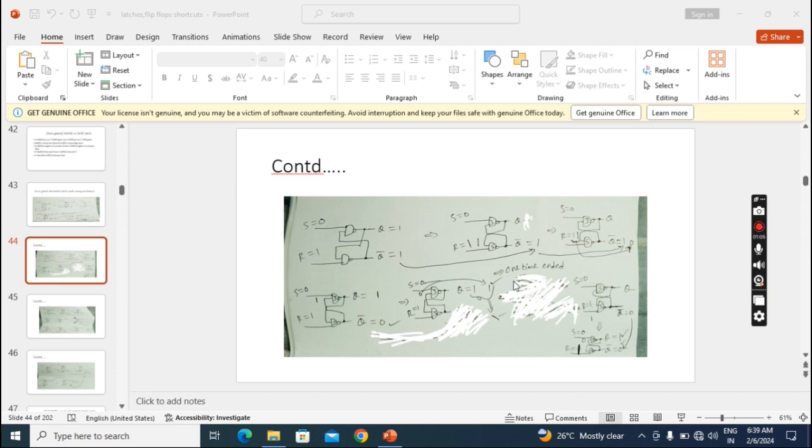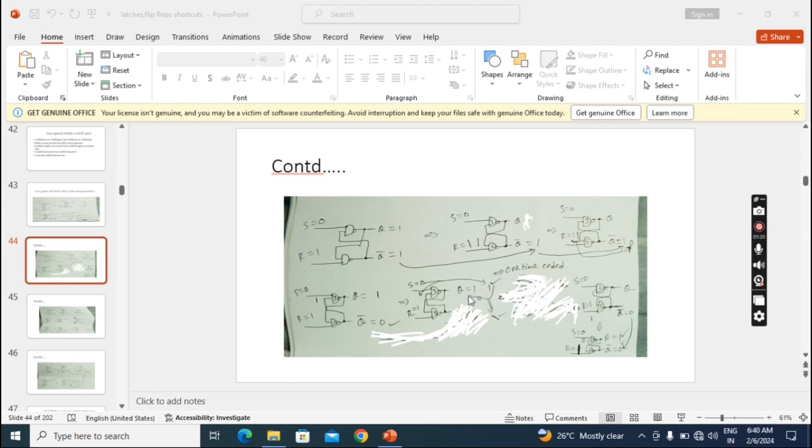Then again I have to feed back this 0, because this is also an output now. When I feed back that 0, I am also getting 1. One 1 comes from feeding back this 0, and the other 1 from feeding back this 1. So both are 1 1, meaning I am getting 1.